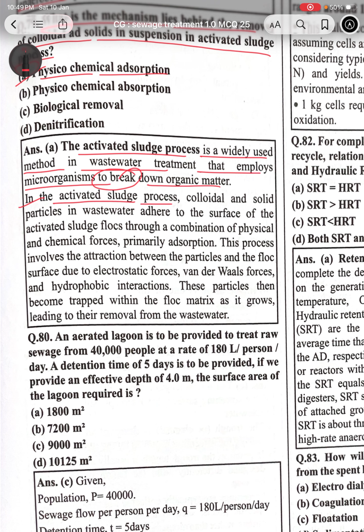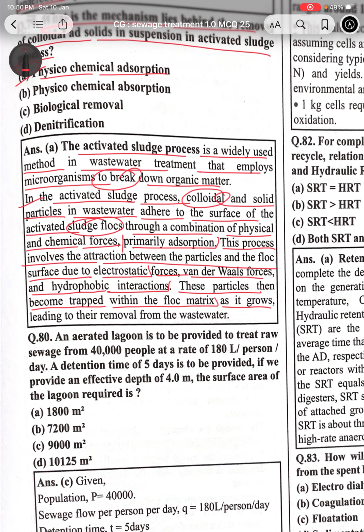Colloidal and solid particles in the wastewater adhere to the surface of the activated sludge floc through a combination of physical and chemical forces, primarily adsorption. This involves attraction between the particle and the floc surface due to electrostatic forces, van der Waals forces and hydrophobic interaction. These particles then become trapped within the floc matrix as it grows, leading to their removal from the wastewater.